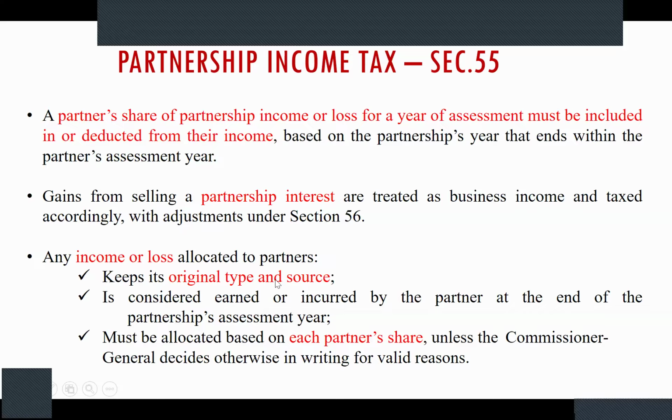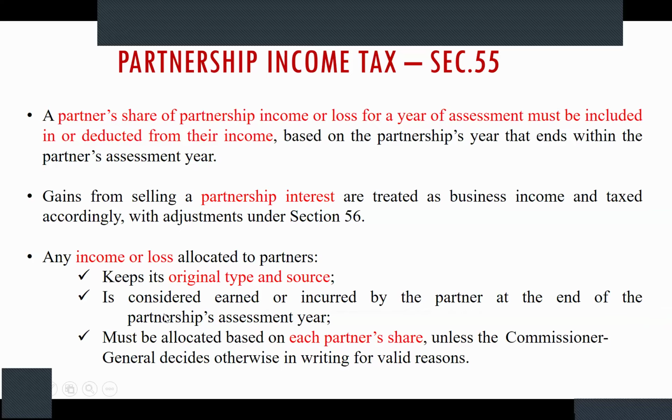That means if any income is categorized under the partnership's business income, in the hands of the partner it should also be business income. If it is investment income in the hands of the partnership, in the hands of the partner it is investment income. So we have to keep its original type and source.